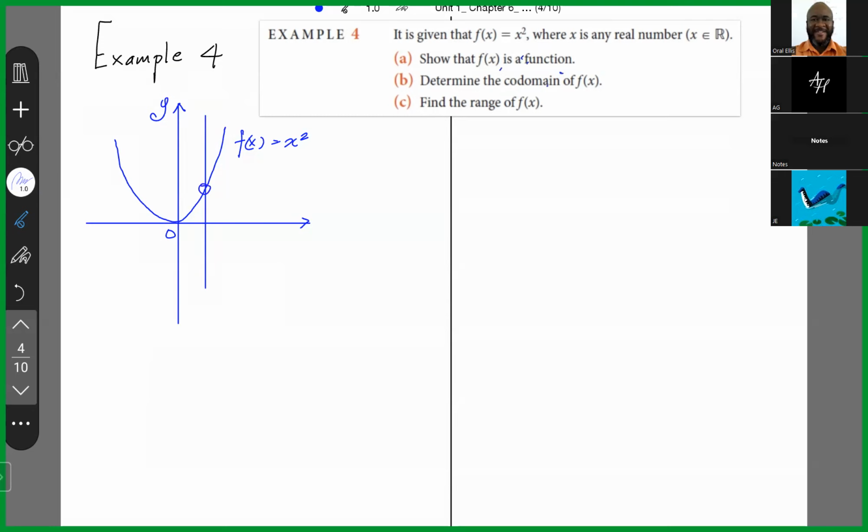Once. You can also imagine that every vertical line that can be drawn will cut the graph only what? Once. So is this a function? I would say yes. f of x is equal to x squared is a function.